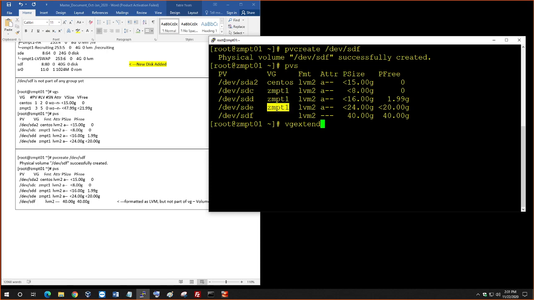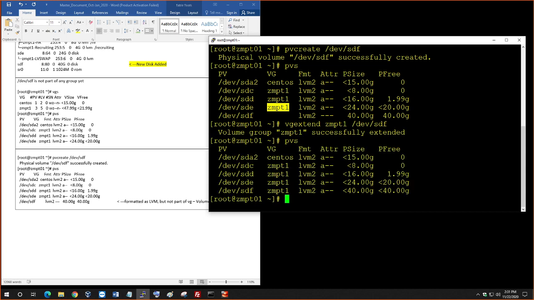I'm going to extend ZMPT1, then a space, and you give the whole drive here, /dev/sdf. I'm going to hit enter. Now if you do pvs, it's part of the volume group ZMPT1.